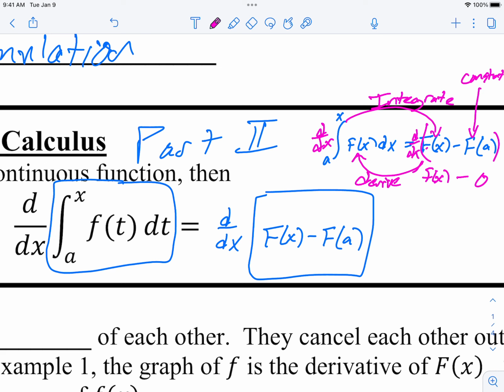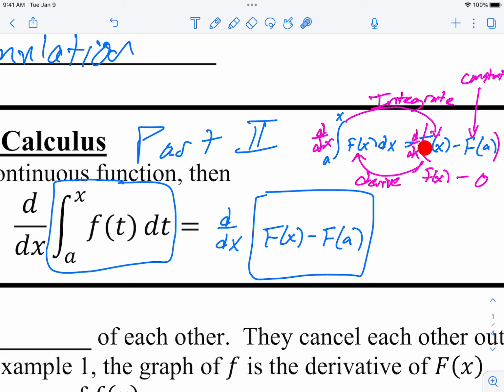Okay, so what happened is when I took the integral of f of x dx, like I actually did it, see that blue part here, big F of x minus big F of a, that's the integral. That's how you do the first fundamental theorem. And then I brought in this pink derivative, do it to both sides. You're noticing that the pink derivative just cancels the integral, and I'm just going to get f of x. Because when I take the derivative of capital F, it just gives me little f.